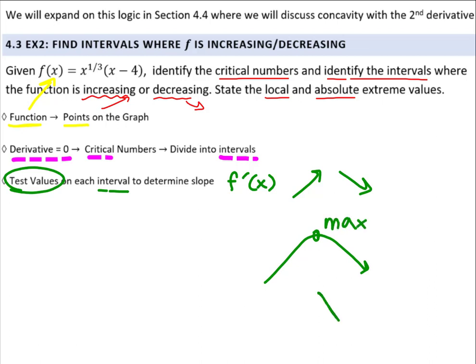Or if the graph is decreasing and then turns around and begins increasing, that could indicate a minimum. All right, so that's what we're going to do in this problem. We're going to find the derivative, set the derivative equal to 0 to determine the critical numbers, and then we're going to look at a number line broken into intervals and test values to make conclusions.